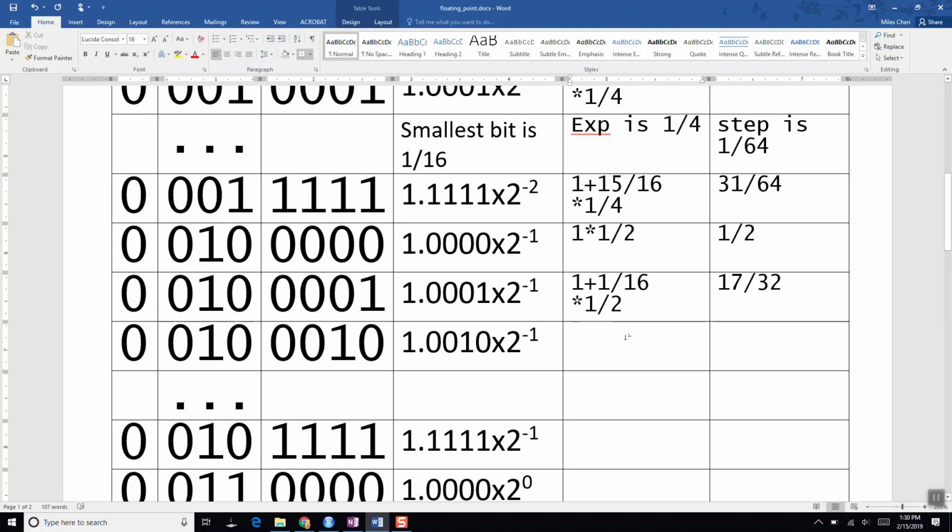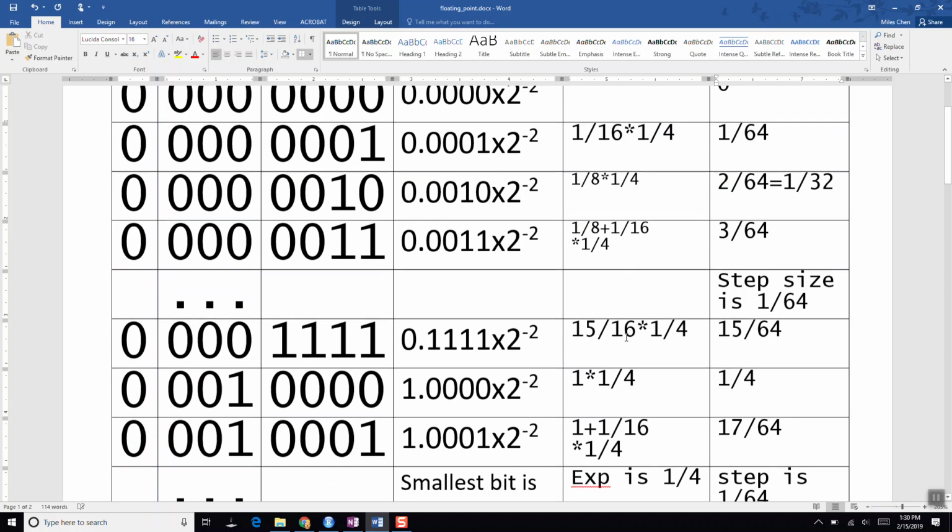And then over here I have 1, and here we can call this 2/16 times 1/2, and this gives me 18/32. So what is my step size now? My step size is now 1/32.